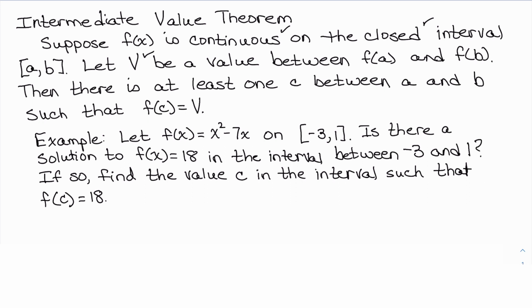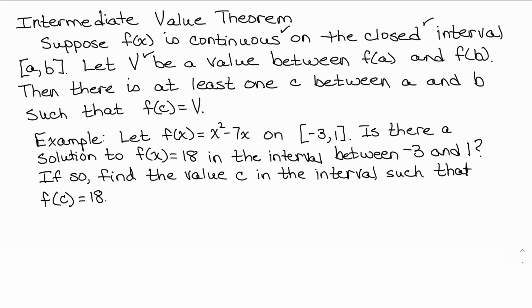And if so, find that value of c in the interval such that f of c is equal to 18. The last part of the intermediate value theorem that we have to verify to see if we are guaranteed a solution is that this value v, our 18, has to be between f of a and f of b. So we need to calculate those.